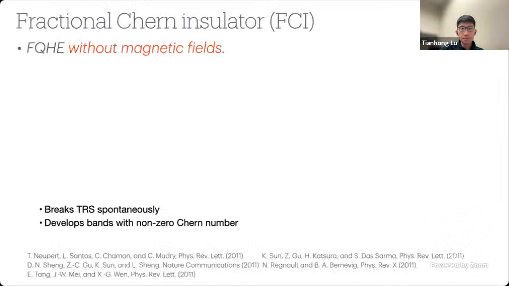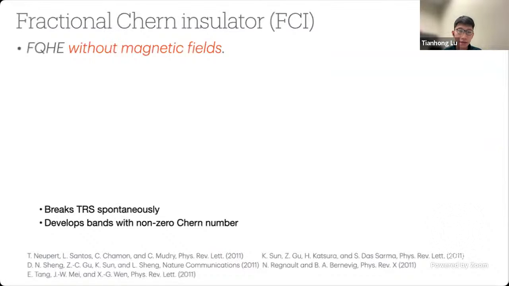Okay, so the idea of fractional Chern insulators, or FCI for simplicity, was proposed in 2011. Basically, it is fractional quantum Hall effect without magnetic fields. So imagine in Landau levels, a uniform magnetic field creates quantized flat energy bands, and each band carries a Chern number 1. When you fill an integer number of those bands, you get integer quantum Hall effect.